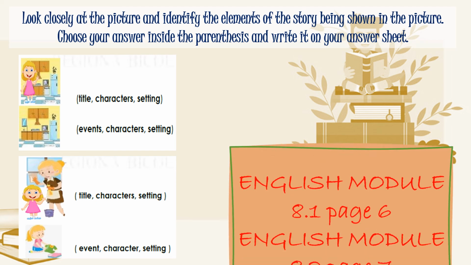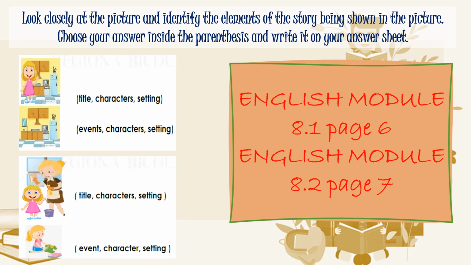If you still need more time, you can find it in your English Module 8.1 on page 6 and in your English Module 8.2 on page 7. It's very easy. I know all your answers will be correct.